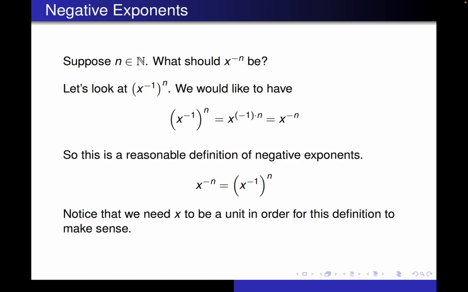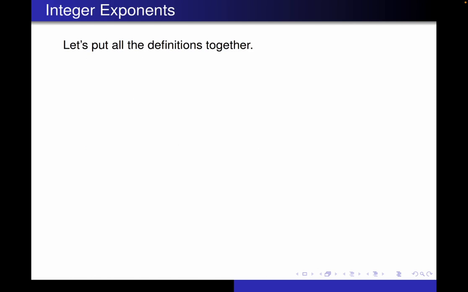Now, of course, we do have to require that x be a unit in order for this to make any sense, because if x is not a unit, it doesn't have a multiplicative inverse, and so x to the negative 1 doesn't even make any sense. That's okay. If x is not a unit, we can just say that x to the negative n is undefined.